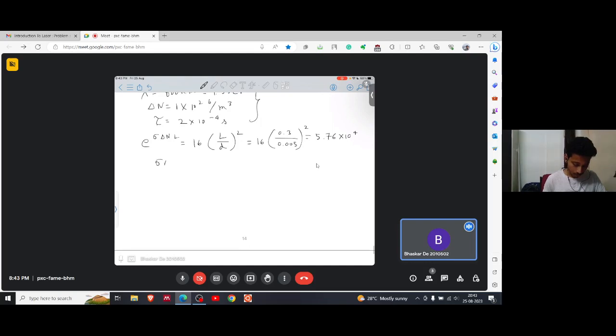So sigma delta n L equal to ln of 5.76 into 10 to the power 4, that will be 10.96.